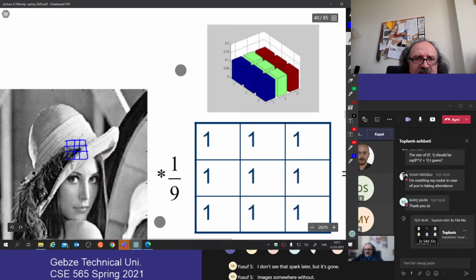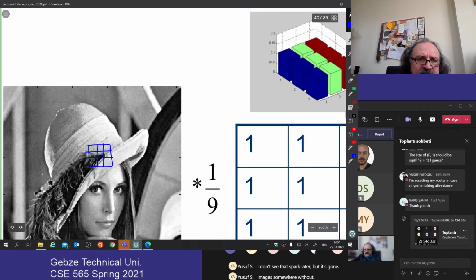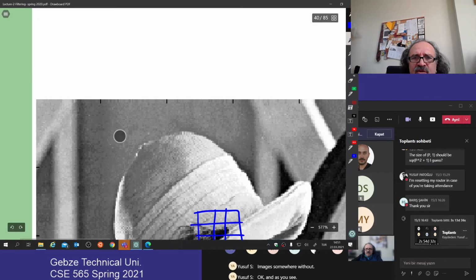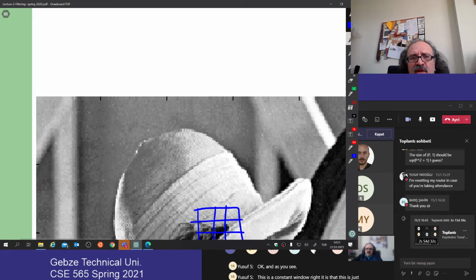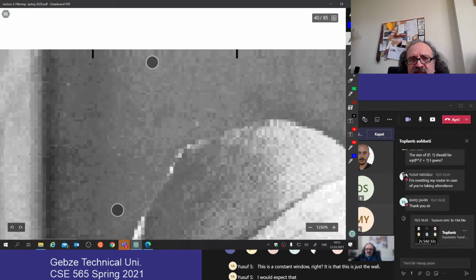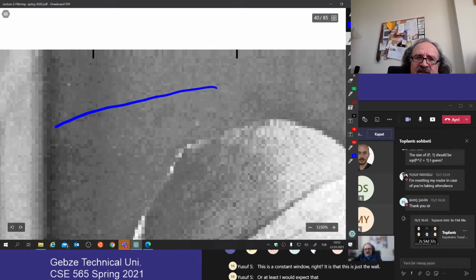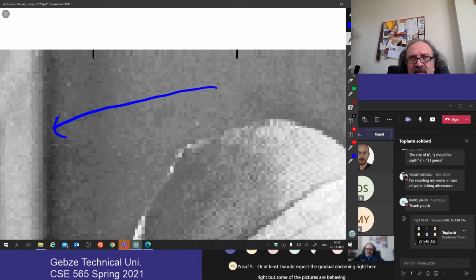Okay, and as you see, this is a constant window, right? This is just a wall. I would expect the values of the wall pixels to be the same, or at least I would expect a gradual darkening right here. But some of the pixels are behaving kind of randomly.